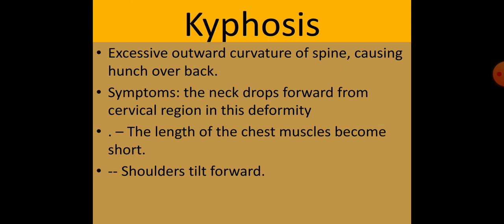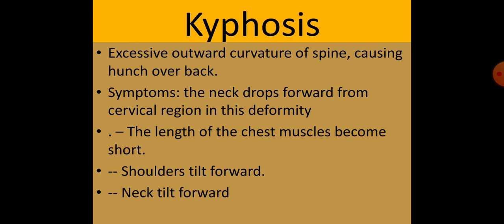Shoulders tilt forward, neck tilts forward. I am telling you this because in round shoulders, which I have told you about, it is just a similar postural deformity. In that also the shoulders tilt forward, only the shoulders.